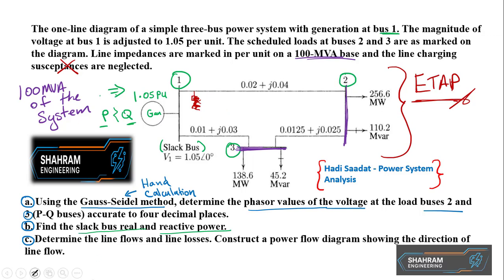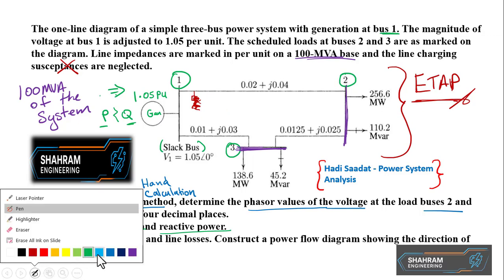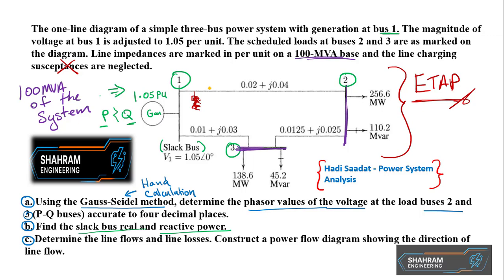So we also need, in another color here, orange, the flow. So the flows of the system can either go this way or this way. Based on calculation, we'll see the direction of the flow.